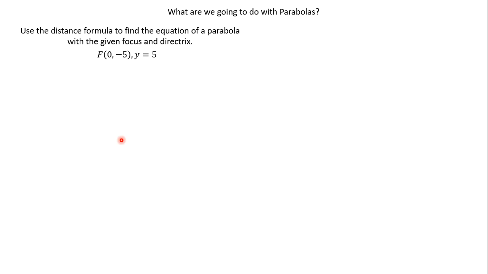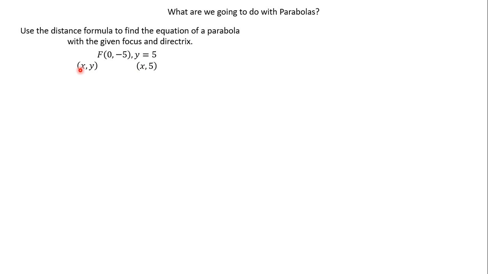For these, we're going to set one distance equal to another distance. We take a point (x, y) on the parabola, find the distance to the focus, and the distance from (x, y) to the directrix. The point we're going to use for the directrix, well, we know y equals 5. What does x equal? Well, x is going to be the same as it is here, so we're going to use the point (x, 5).